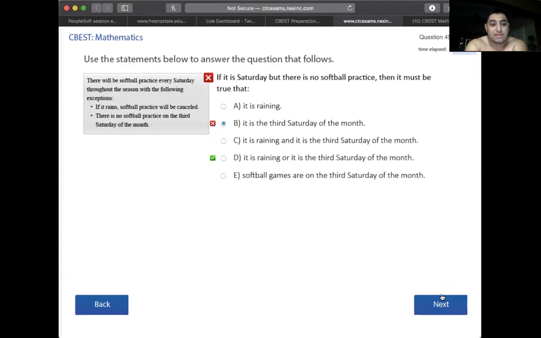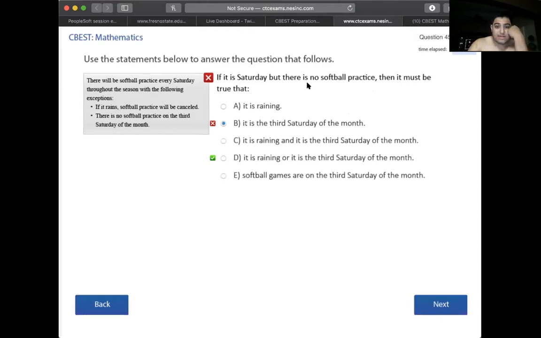If we look at the gray box right here, no softball practice is the keyword.